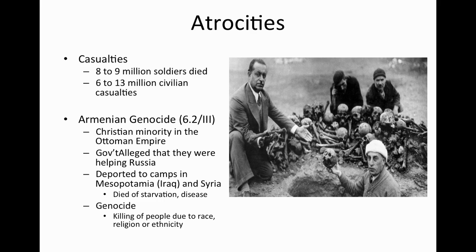The government alleged that they were just helping Russia, but many of these Christians were deported to camps in Iraq and Syria, and many died of starvation and disease. So, I think we know about the Holocaust in Europe. We're going to learn about the Rwandan massacres in Africa in the 90s, but we sometimes forget about the Christian Armenians in the Ottoman Empire, who were also devastated by the Ottoman government.